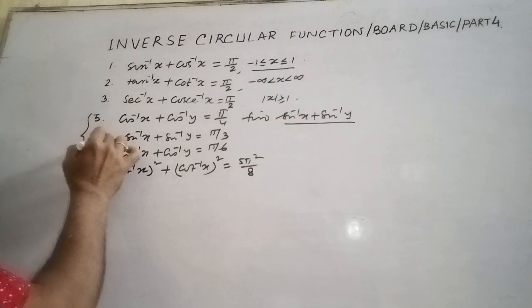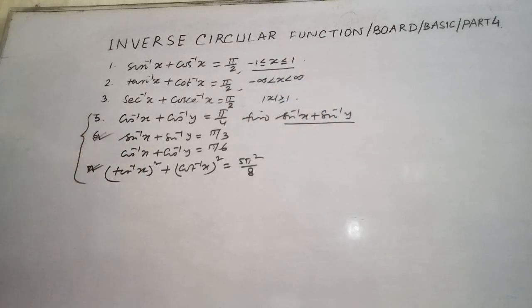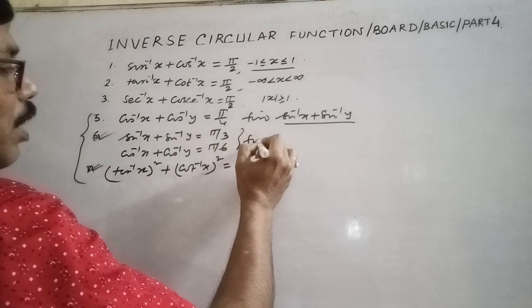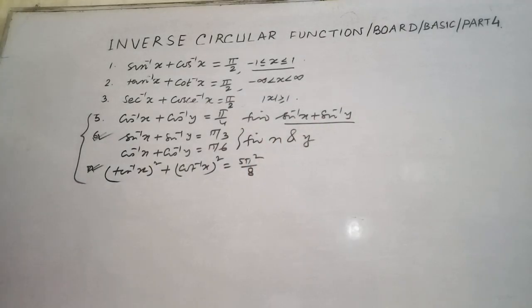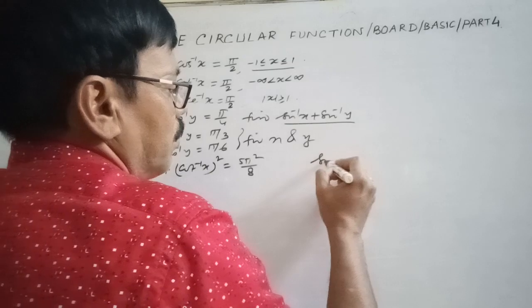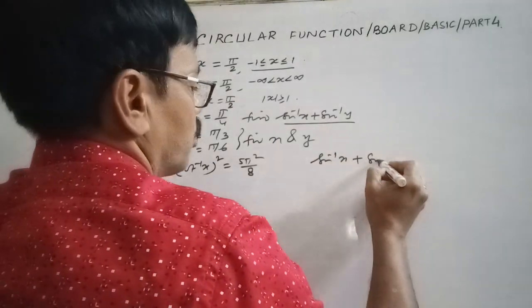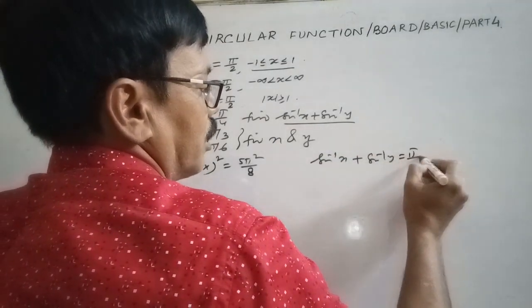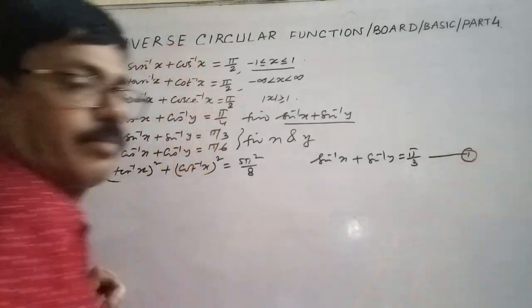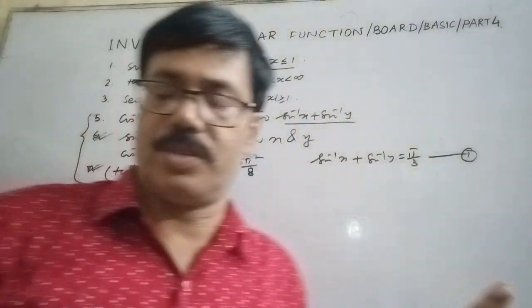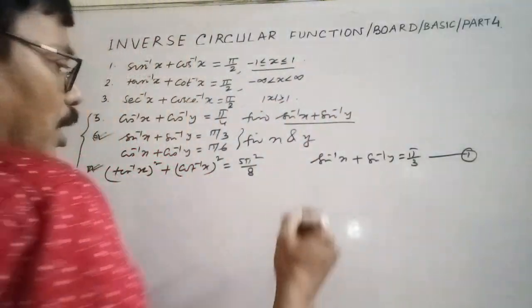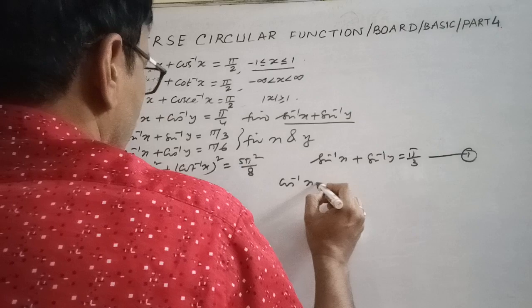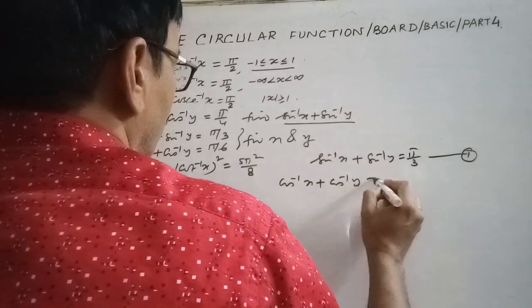Now problems 6 and 7. Problem number 6: find x and y. Look, sin inverse x plus sin inverse y equals pi by 3. Call it equation 1. There are two unknowns, x and y, that is why two equations are given. Now cos inverse x plus cos inverse y equals pi by 6.